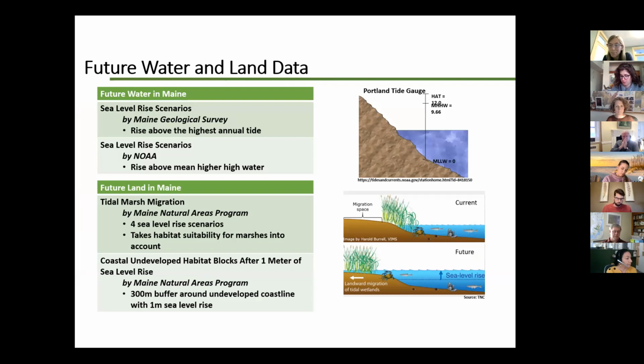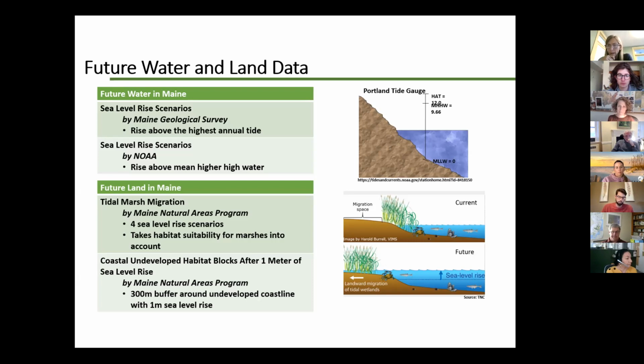They had sea level rise scenarios, so future condition data that they wanted to incorporate. They had data that was localized, produced by Maine's Geological Survey, but also the NOAA Sea Level Rise Viewer. And I didn't mention that NOAA's Sea Level Rise Viewer was the data that was adapted and used for TNC's coastal resilience tool.